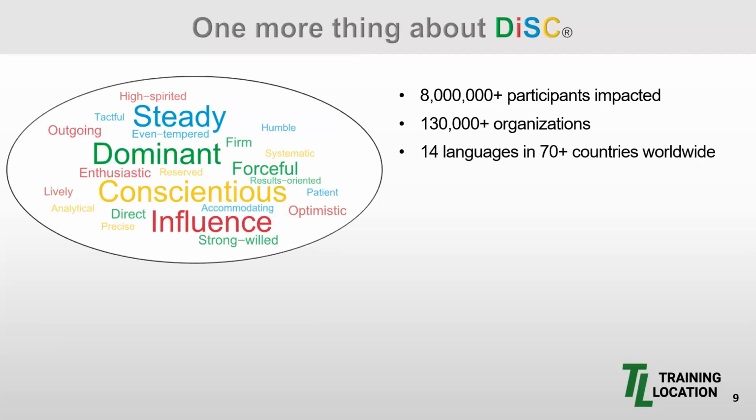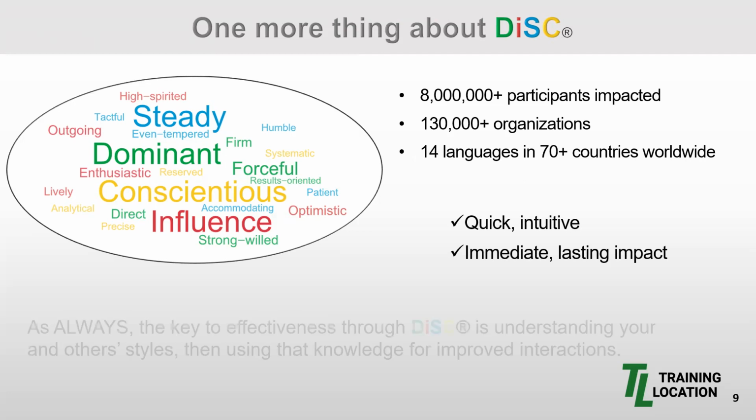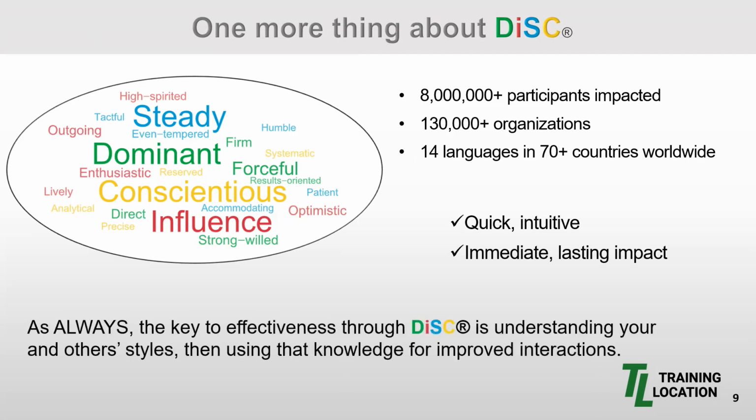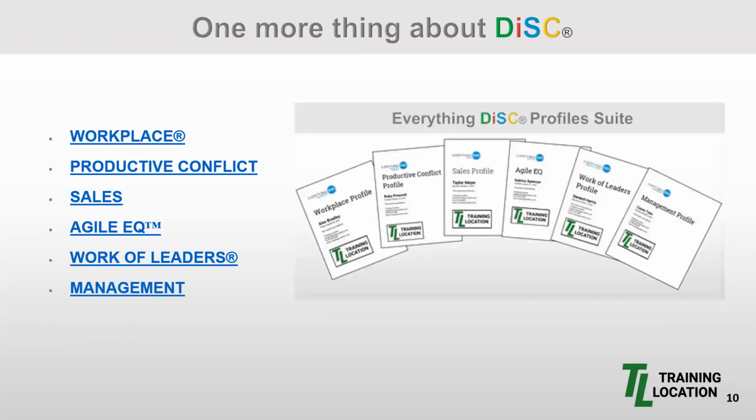Here are the two bullet points I want you to remember. DiSC provides a quick and intuitive way to understand yourself and others. DiSC delivers immediate and lasting impact on the performance of people and organizations. And as always, the key to effectiveness through DiSC is understanding your and others' styles, then using that knowledge for improved interactions.